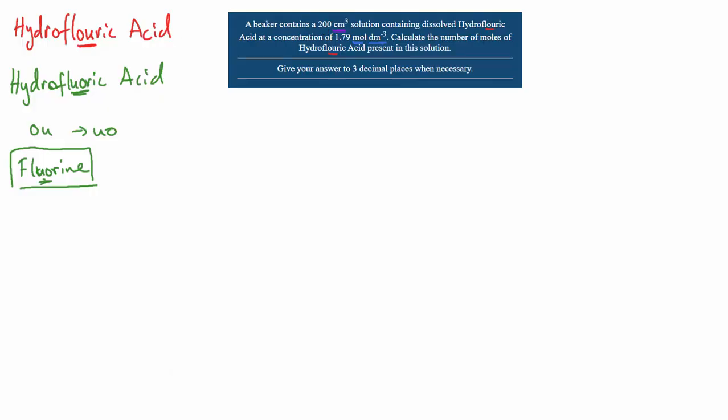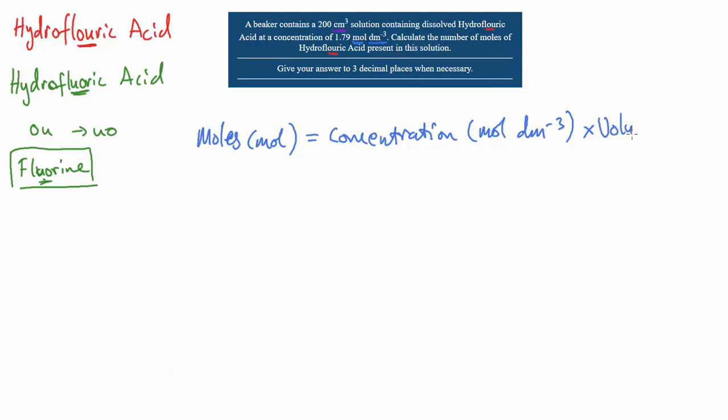But let's start with the formula. So in this case, the formula is going to be moles, in mole, equals the concentration, and that's in moles per dm cubed, multiplied by the volume, and that's going to be in dm cubed.